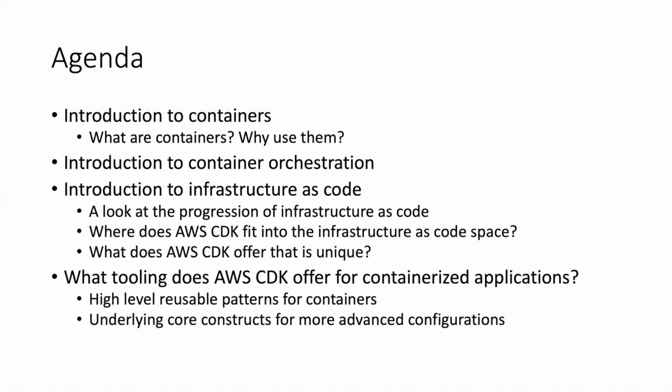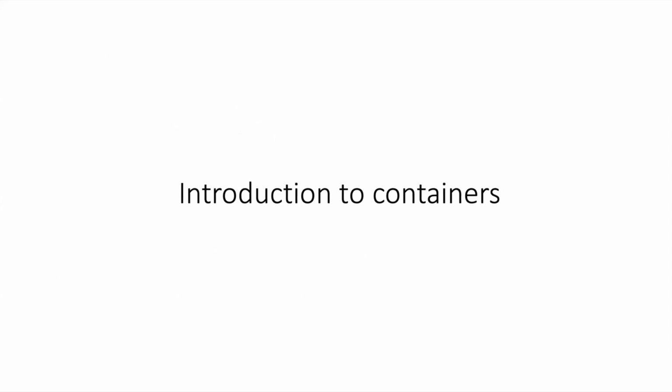And then I'll talk a little bit about infrastructure as code and specifically the progression of infrastructure as code, how things started out, and then how more and more advanced tools have been built, finally leading up to AWS Cloud Development Kit, which is probably one of the most sophisticated and interesting infrastructure as code projects I've ever worked with. And then I'll talk a little bit about how AWS CDK makes it easier to build a containerized application. So let's start out with that introduction to containers themselves.